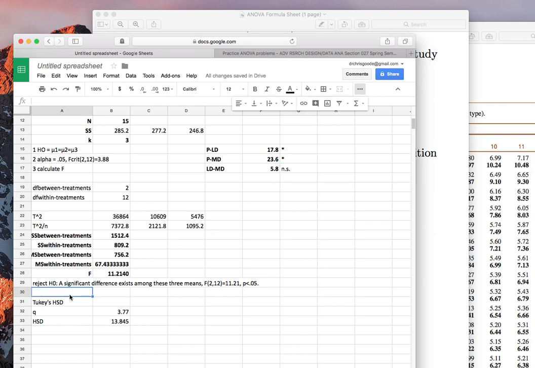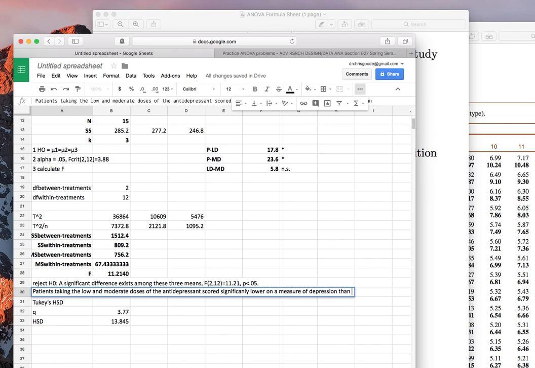And we can amend our sentence and say, patients taking the low and high doses, I'm not going to capitalize those, there's no need to, doses scored, no, not low and high, it's low and moderate. Patients taking the low and moderate doses of the antidepressant scored significantly lower on a measure of depression than did those taking the placebo.